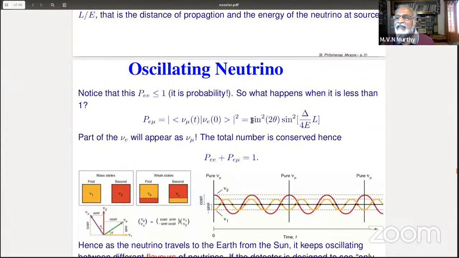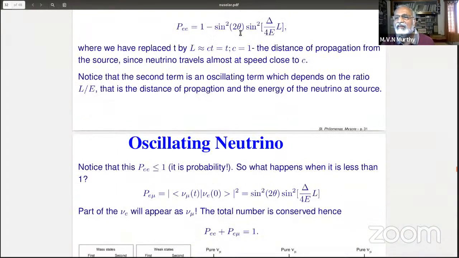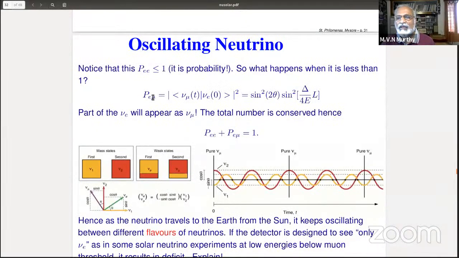It is simply sine squared 2 theta times sine squared delta by 4E L. Now this is precisely the term which is appearing here. So whatever has disappeared as electron neutrino has appeared as muon neutrino.